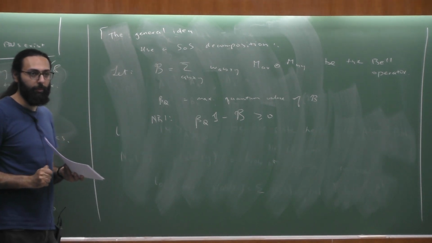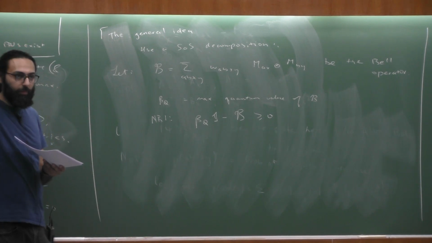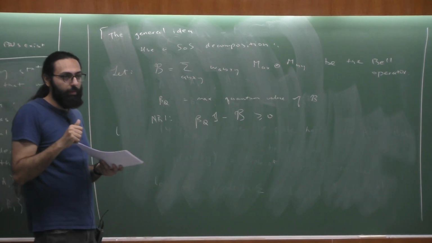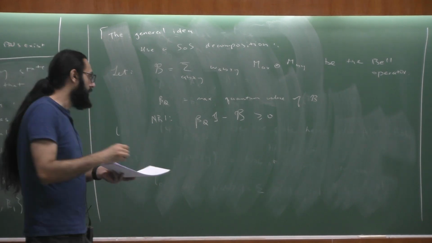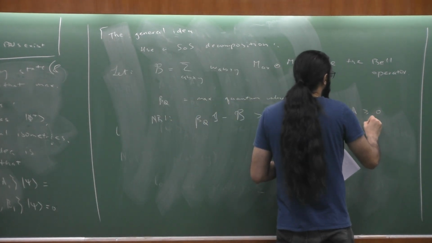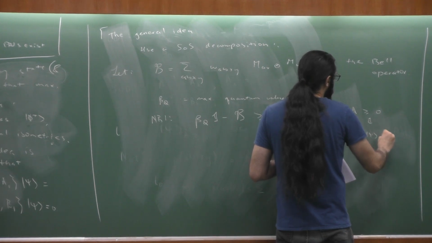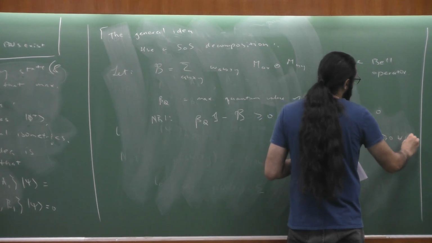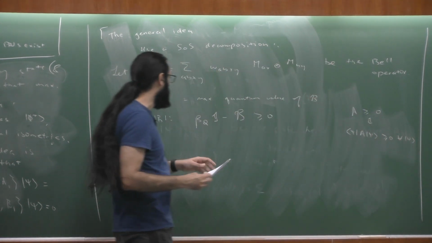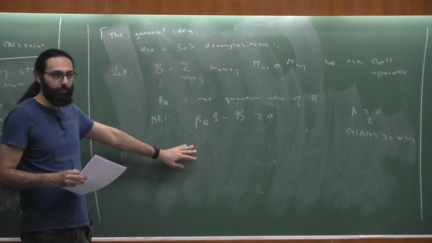Why is that? Because of positivity. If A is PSD, this is equivalent to saying that <psi|A|psi> is greater than or equal to 0 for all psi, correct? And just by the definition of beta_q, this is always positive. Is that okay?